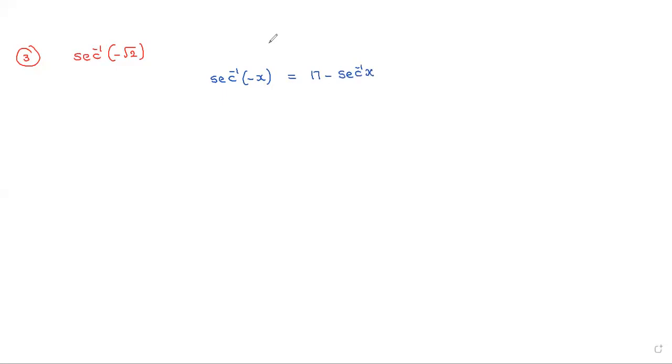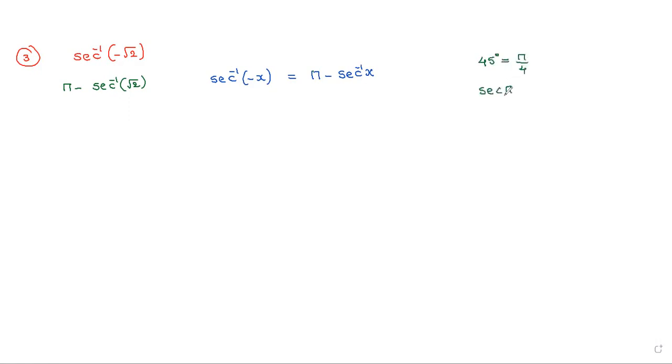So I will write pi minus secant inverse of root 2. When does root 2 come?